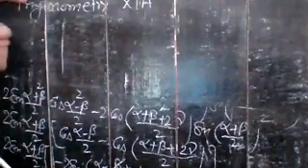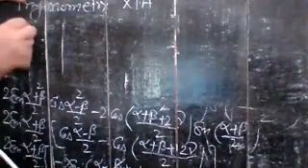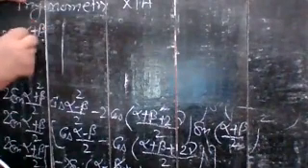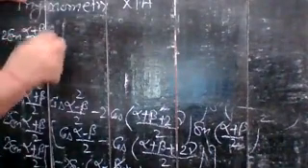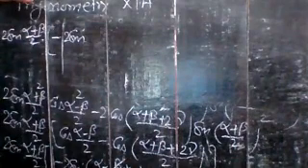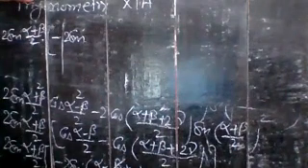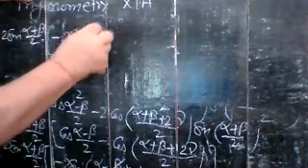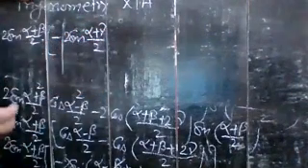Write 2 sine alpha plus beta by 2, and within the bracket you have minus 2 sine of 2 alpha plus 2 gamma by 2. Now taking 2 common, that is equal to alpha plus gamma by 2.